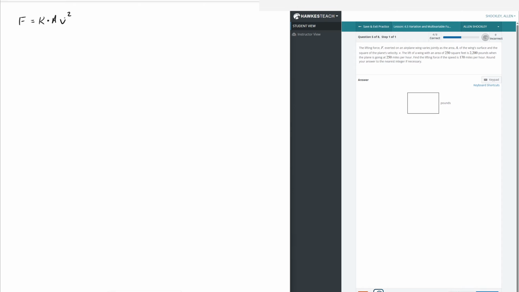There's usually never any addition or subtraction. If there is, it'll be very obvious, and when that does occur, put that in parentheses. But here we have a very basic F equals K times A times V squared. Again, you're going to plug in what you know and see what happens.